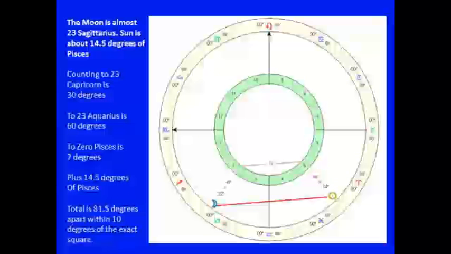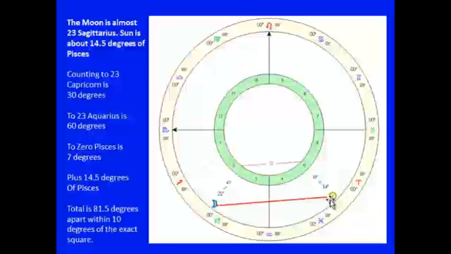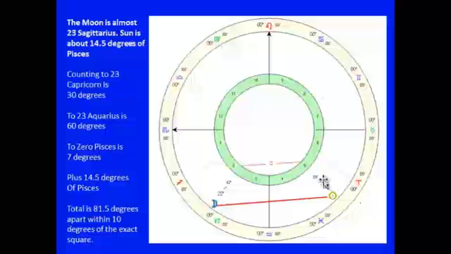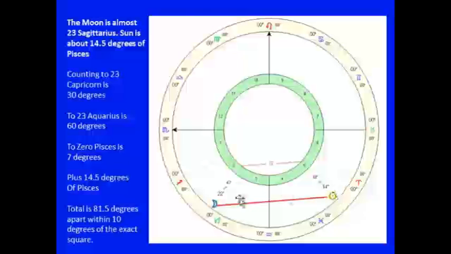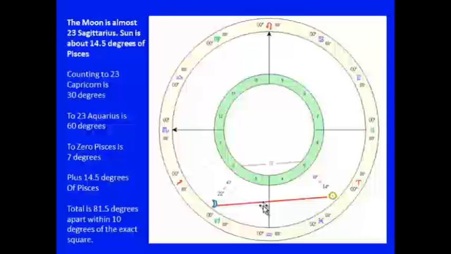Here's another example of a sun-moon square where the sun is at 14 Pisces, in service to spirit sign, and the moon is in Sagittarius. Now the moon, well, let's start from 22, almost 23 Sagittarius. From 23 Sagittarius to 23 Capricorn is 30 degrees, to 23 Aquarius is 60 degrees, and then you add 14 to that.